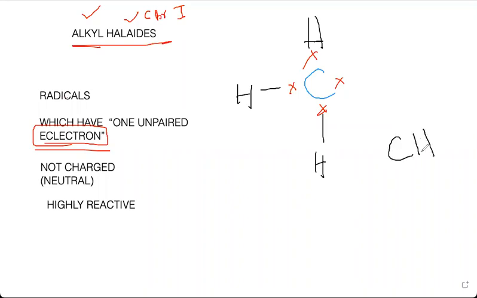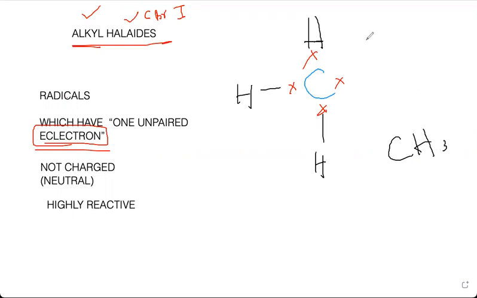And CH3 is not a charged particle. I have removed hydrogen along with the electron of hydrogen. The electron of carbon is still there. Carbon is not gaining or losing electron. There are 3 hydrogens sharing their electrons with the carbon, and carbon is sharing its electrons with them. There is no charge on the carbon.